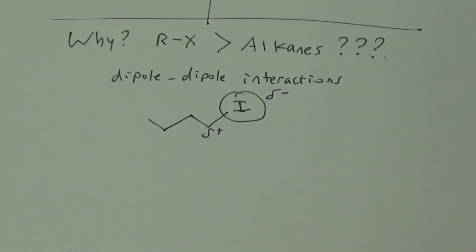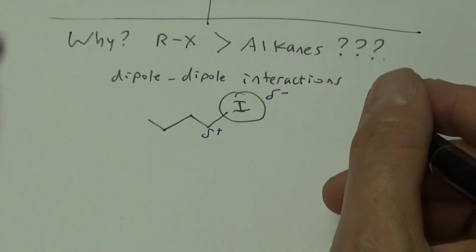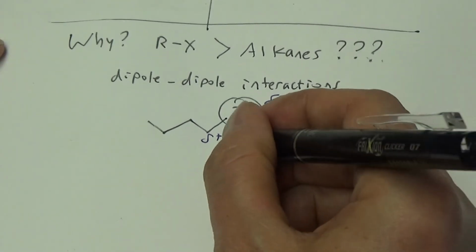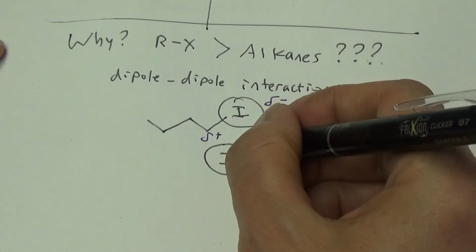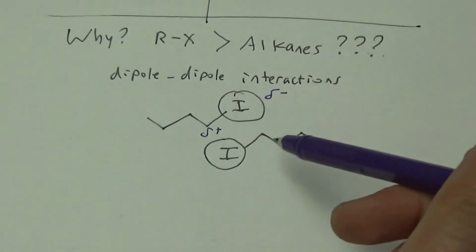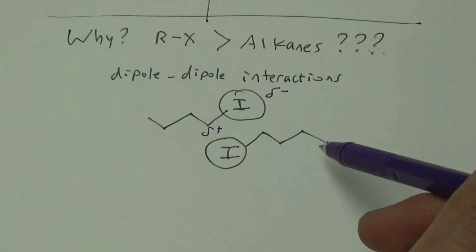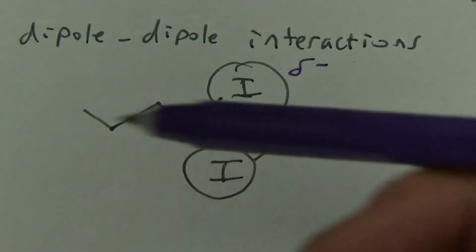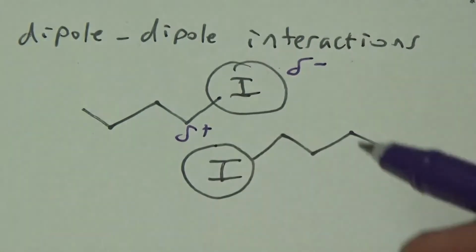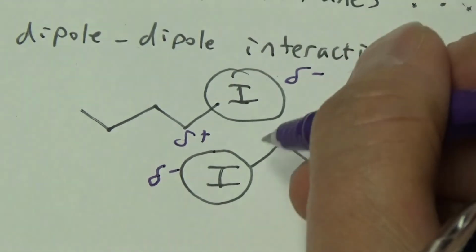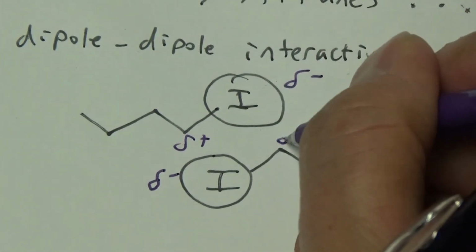There's more of these molecules, and maybe another one will be right down here. And now we've got two 1-iodobutanes kind of talking to each other. This delta plus is talking to this delta minus, and this delta minus is talking to this delta plus.